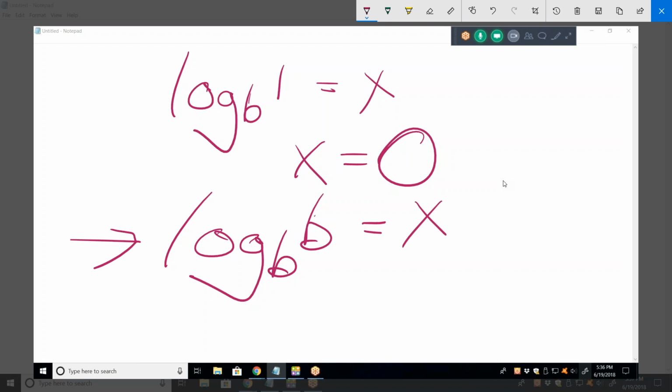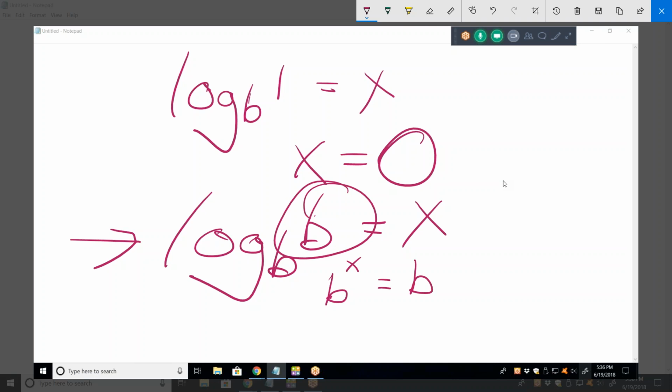So if you don't know what it is, convert it to exponential. Okay, so as far as the exponential form, it would be log base b of b equals x. So would I put b to the x equals 1? No, there's no 1 anywhere.